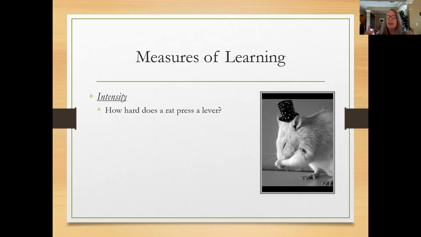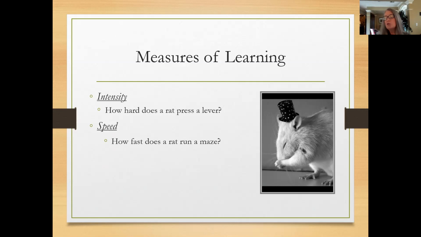The person puts down either 1, 2, 3, 4, 5, 6, or 7. We're looking at the intensity that they have, how strongly they agree with that sentence, or how strongly they think that it was an easy class. So that's intensity.